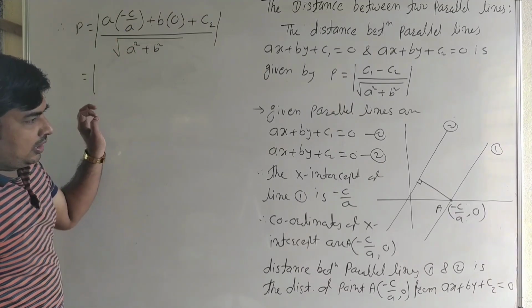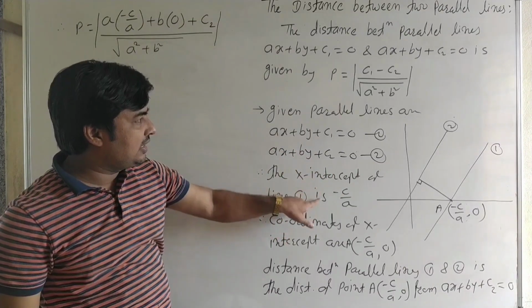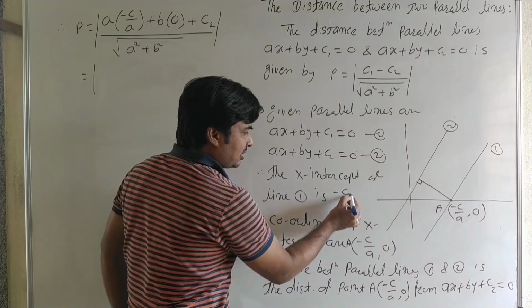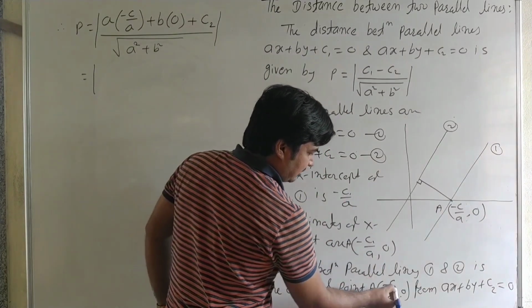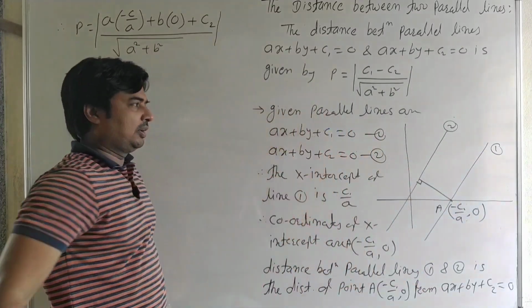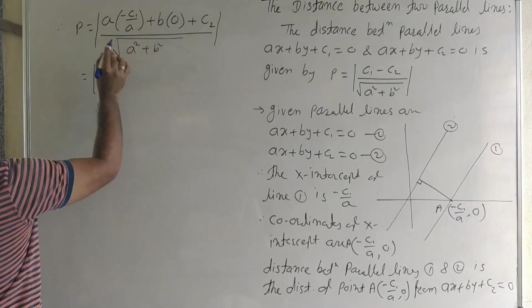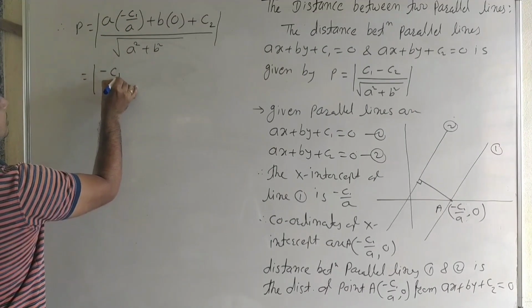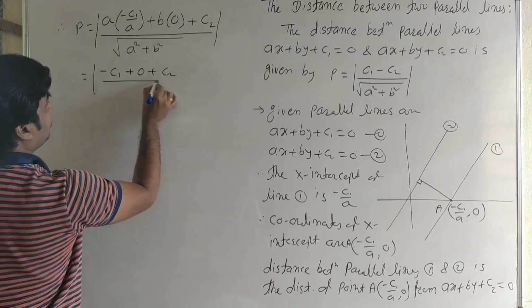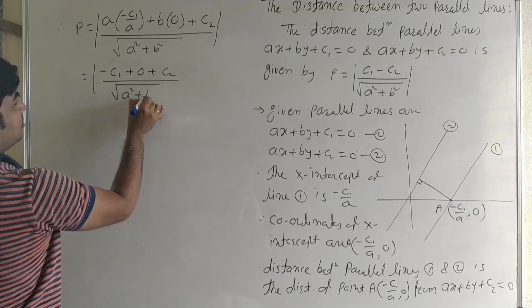Okay, here one correction: when we take the x intercept of the line, c is a constant, and in this equation the constant is c1. For the line the constant is c1, therefore here we take c1. Now a gets cancelled, it is minus c1 plus 0 plus c2 upon under root of a square plus b square.